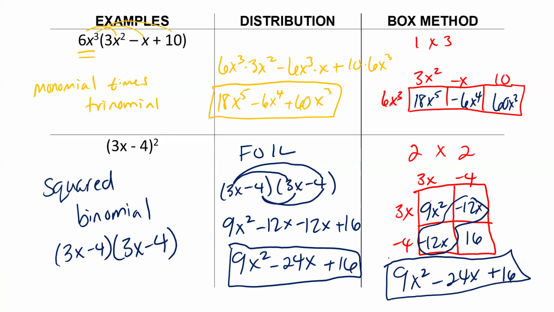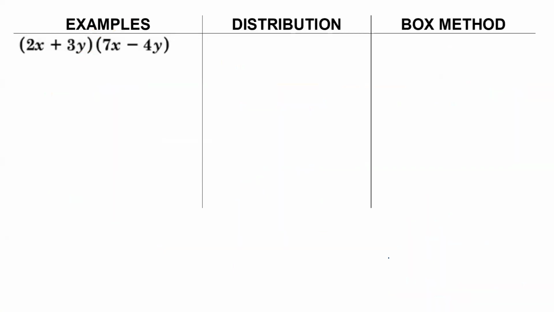Yes? No questions, comments, concerns? Okay. Here's yours. You decide. Which method do you want to do? Do you want to do distribution or do you want to do box method? Distribution is FOIL, right? Which one do you want to do?